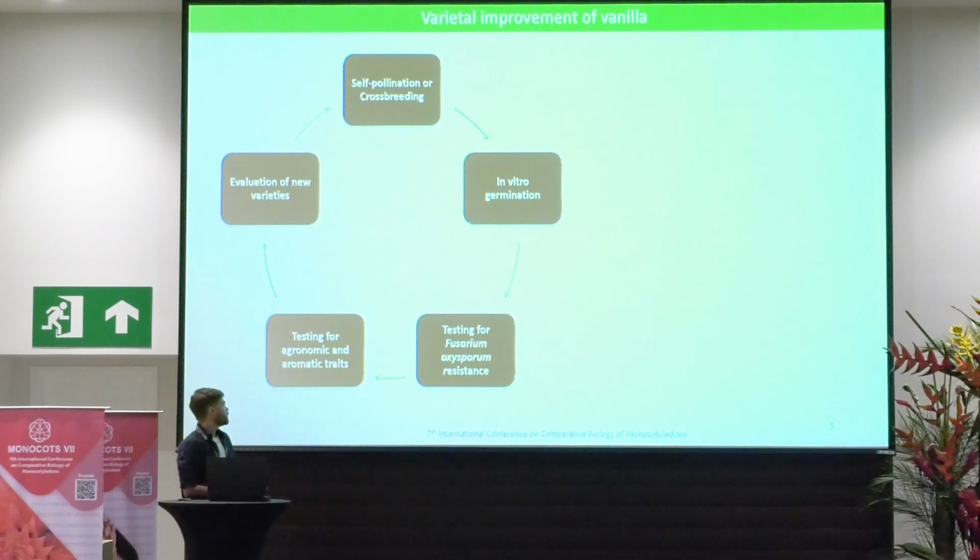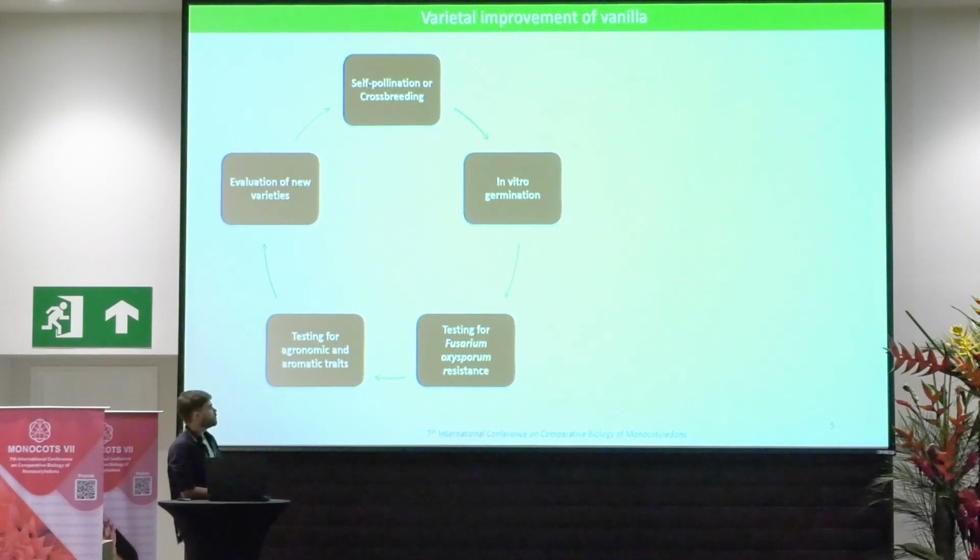So in the face of all these threats and the inability of these cultivated species to be resilient against these diseases and all these factors, there is an urge for varietal improvement programs.